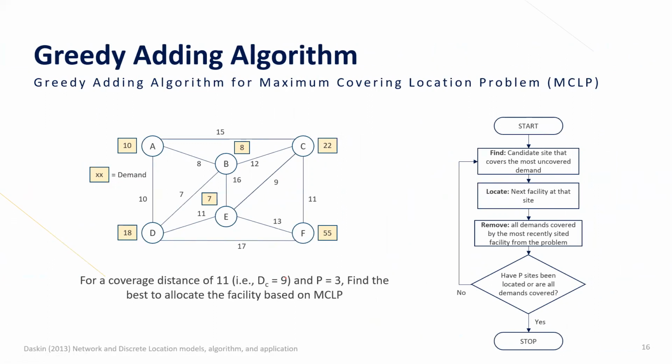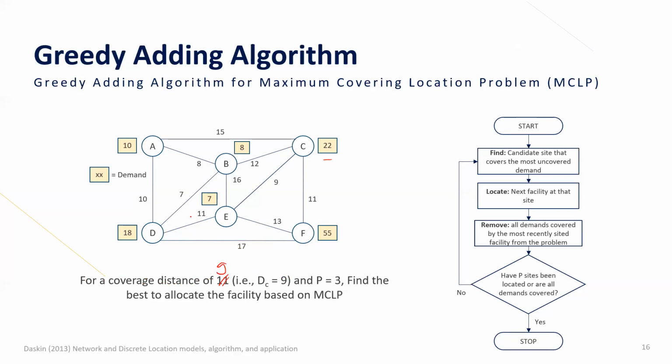Sorry, this one should be 11. Why is it 9? Okay. We have a maximum covering location problem. We have the data: 6 candidate facilities, which are also the customer locations. Each customer has its demand. To represent coverage, we have the distance constraint. This one I think should be 9, or this one 11. Let's see, either 9 or 11.